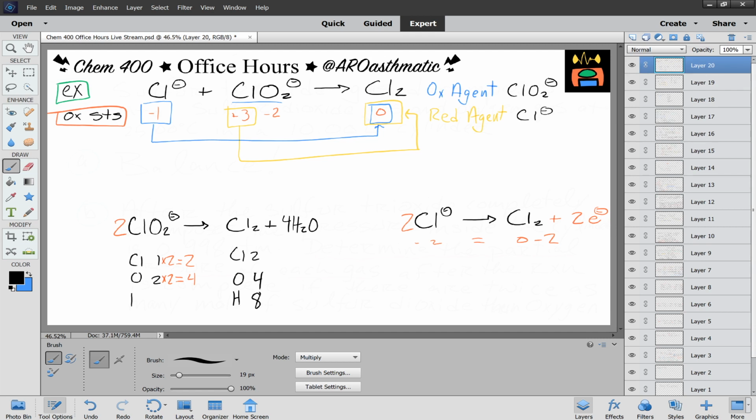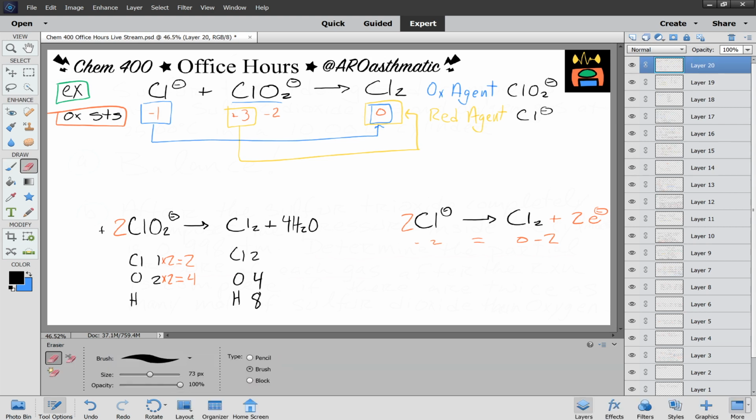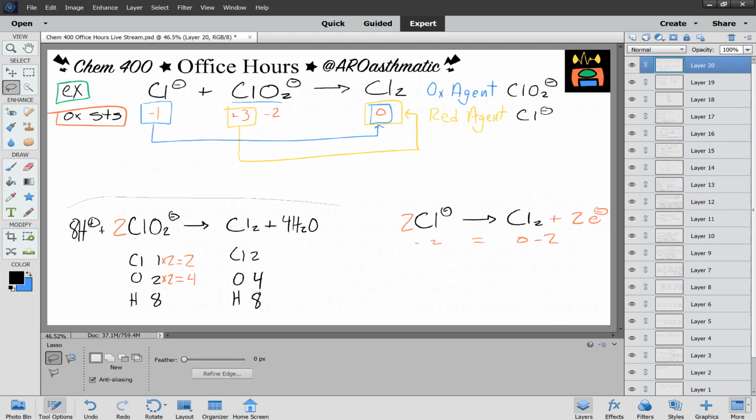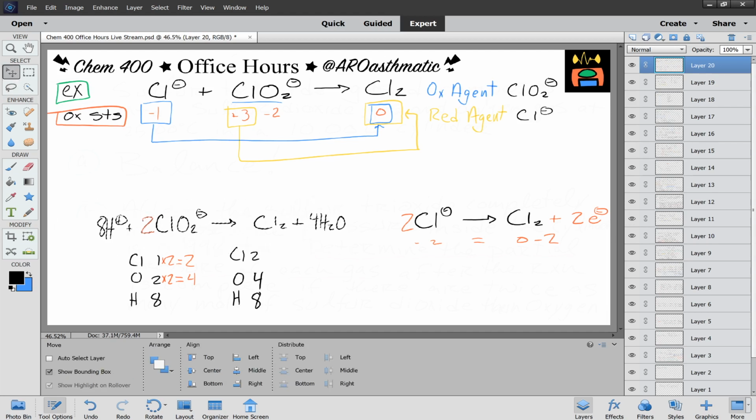To balance hydrogen back on the reactant side, we're going to add hydronium ions, so 8 H+, and now our atoms are balanced for the chlorite half reaction.